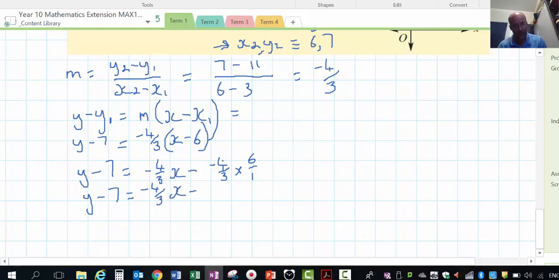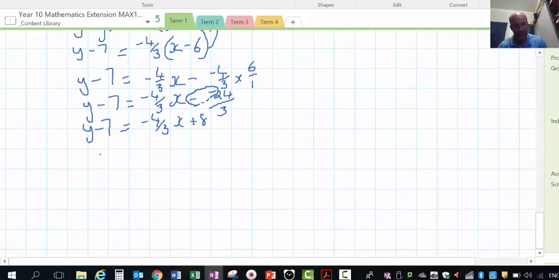Negative 4 by 6 is negative 24 divided by 3 by 1, which is 3. We've got y minus 7 equals negative 4/3 x. 24 over 3 is 8, so that's minus negative 8. See that? Minus negative 8, it's plus 8. And then we've got the next line, y minus 7 equals negative 4/3 x.